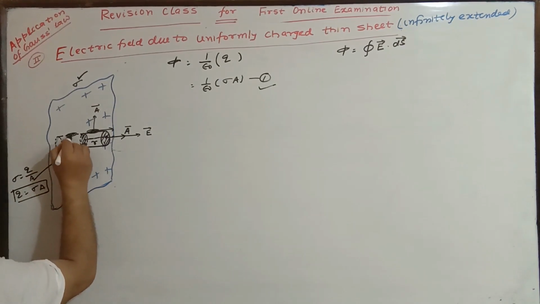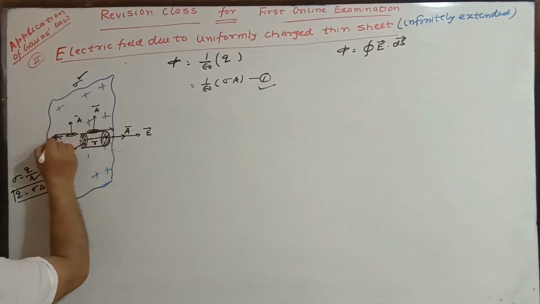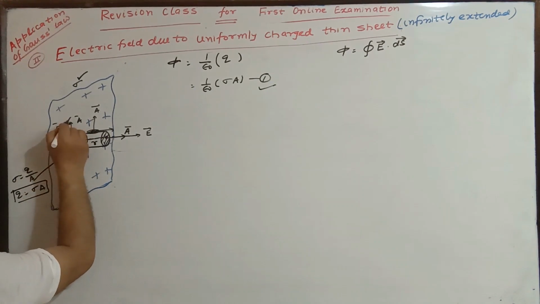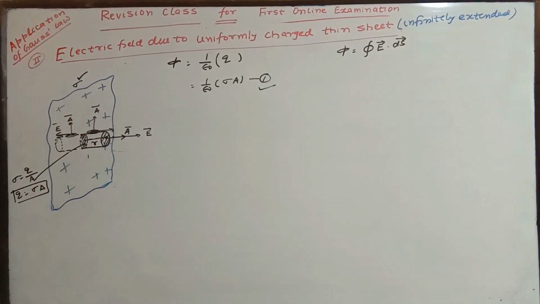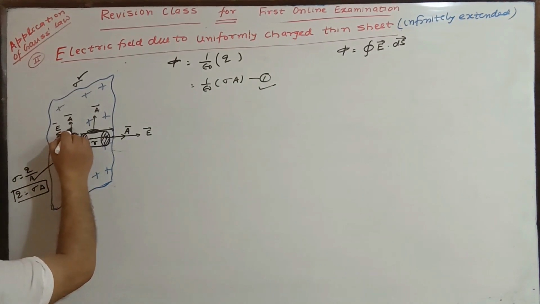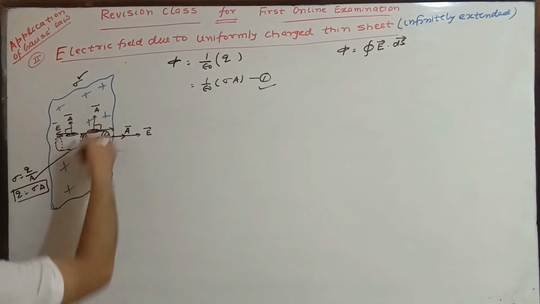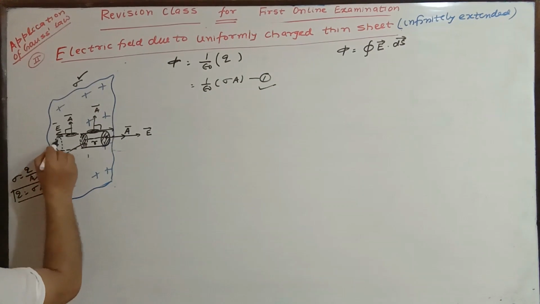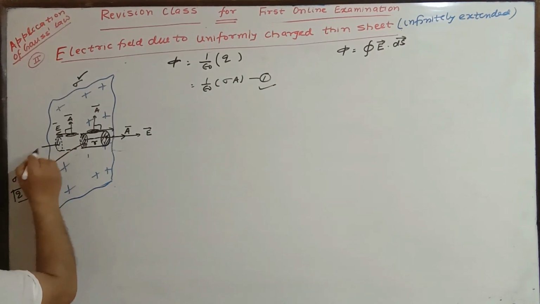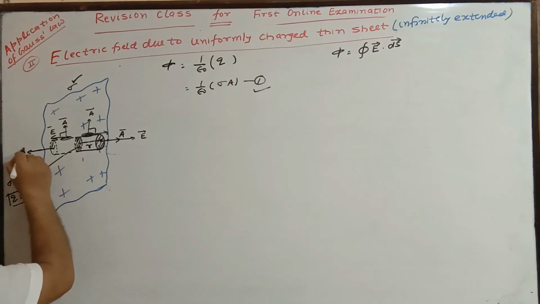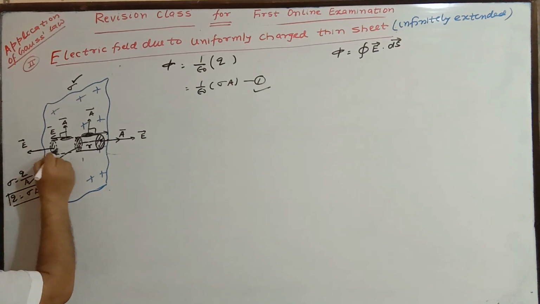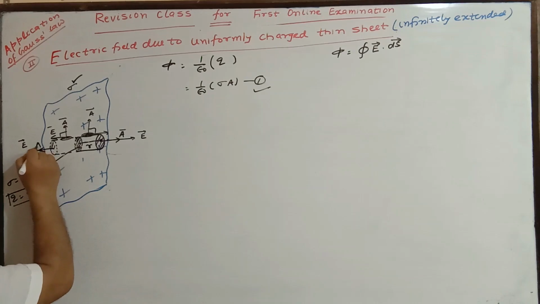So in both cases the electric field and area vector are normal to each other, so there is no flux due to the curved part. But on this flat surface, on this side, the electric field is leftward and the area vector is also the outward normal, so that is also leftward.